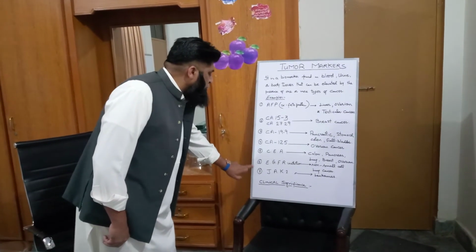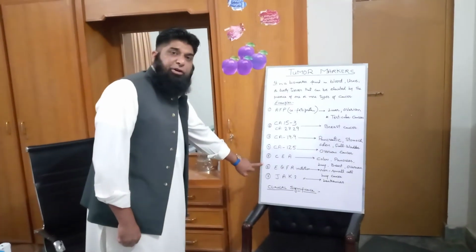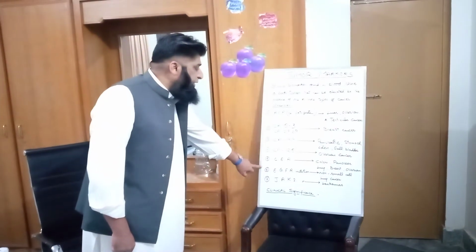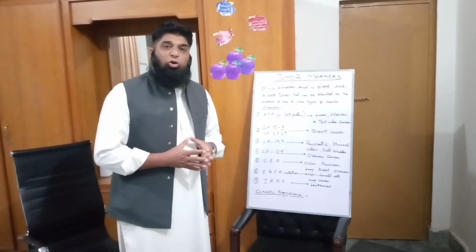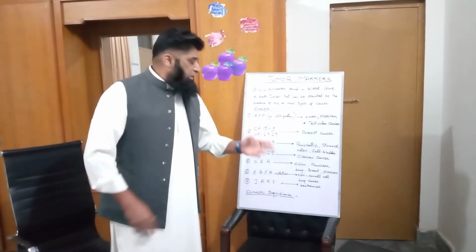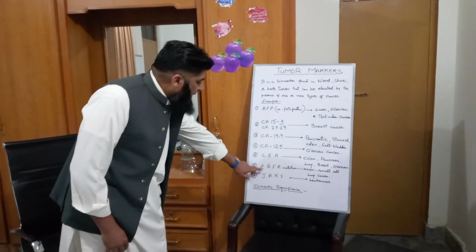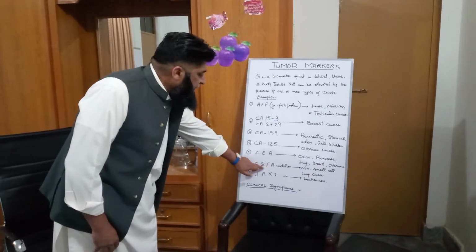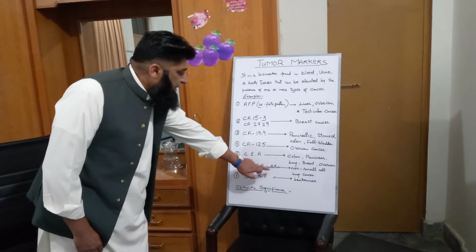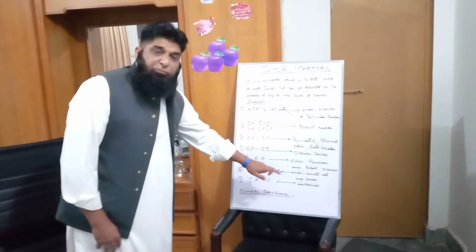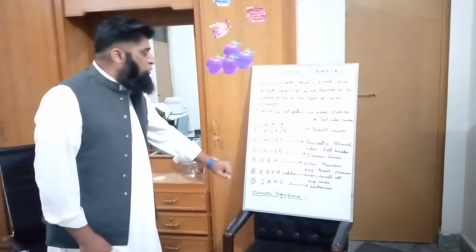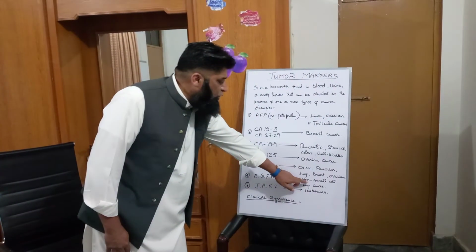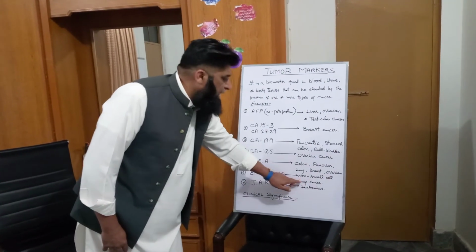Now, these two examples I have written are different mutation changes which are observed during cancers. For example, EGFR mutation. When this mutation is observed in the DNA sequence, it indicates non-small cell lung cancer.